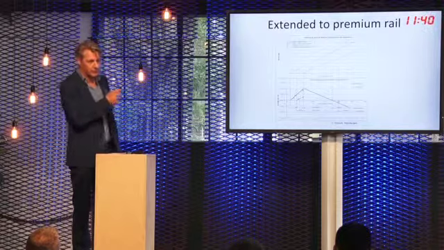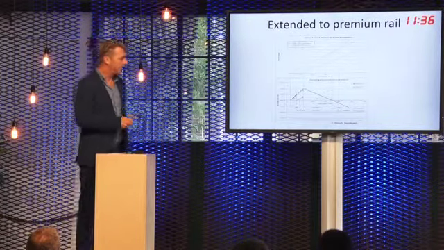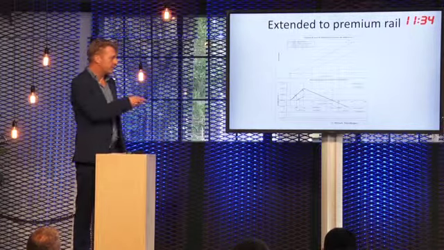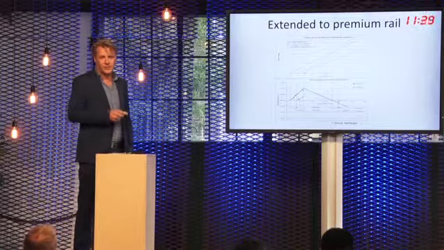As I explained, the previous one was for standard R220. This work has also been done by me and by Michael Steenbergen to look at the development. Could we develop these functions also for premium rails? And it has been done, like the previous one, from track inspections together with simulation work.